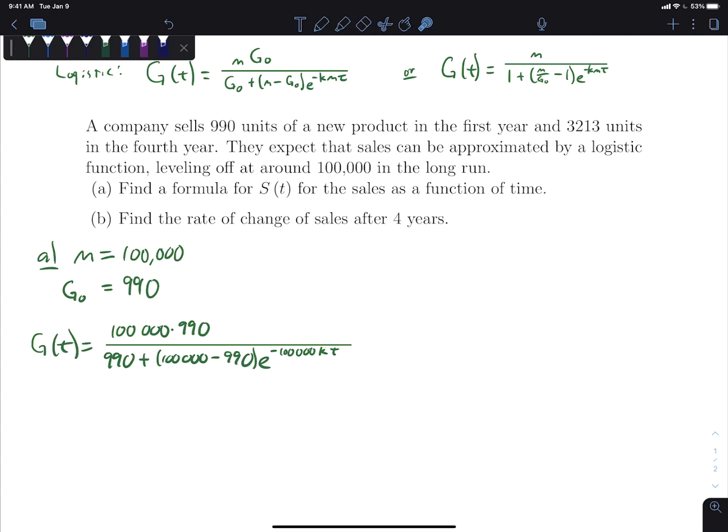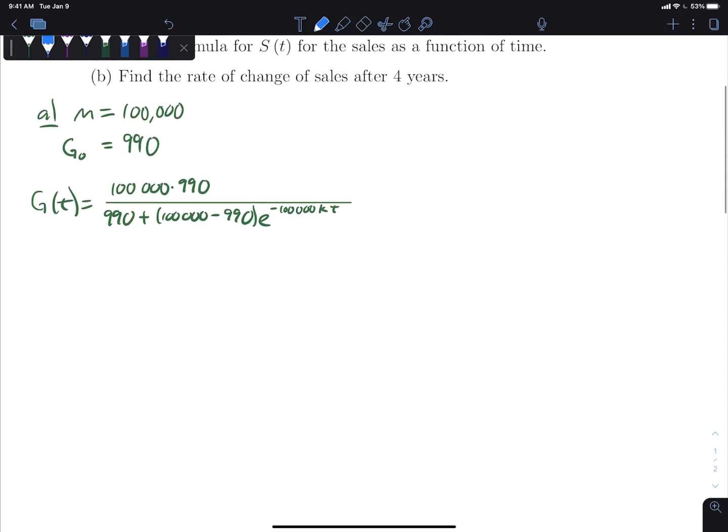To do that, we have to look at what else we're given. We're told that in the fourth year, we're going to sell 3,213 units. Now, what that tells me is that G of 4 is equal to 3,213. So this entire G of t can be replaced with 3,213, and the t can be replaced with 4.